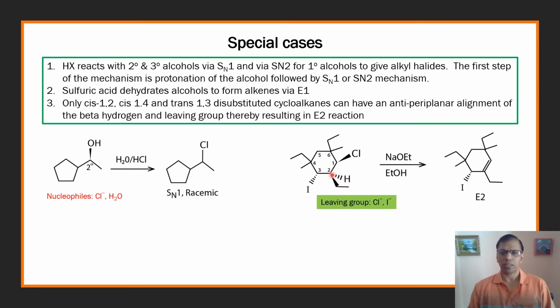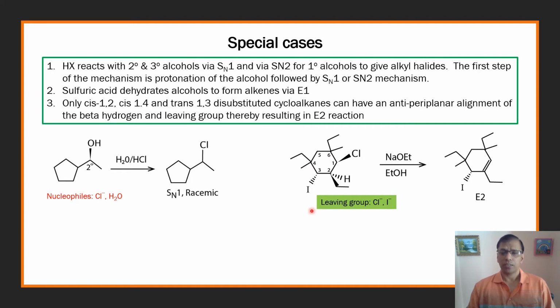Beta protons are the protons which are next to the carbon bearing the leaving group. So in this case, the carbon bearing the leaving group is carbon 1 and carbon 3. And so the beta proton is on carbon 2. There is no beta proton on carbon 6 or carbon 4.